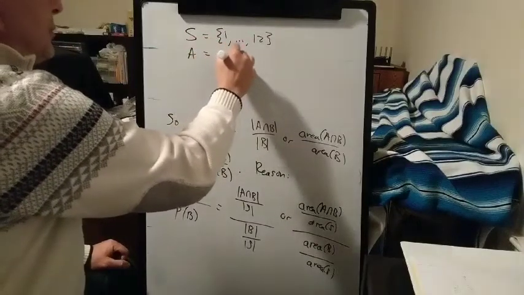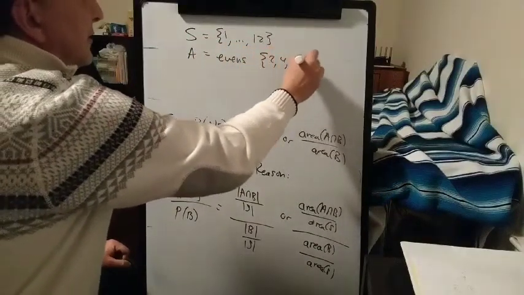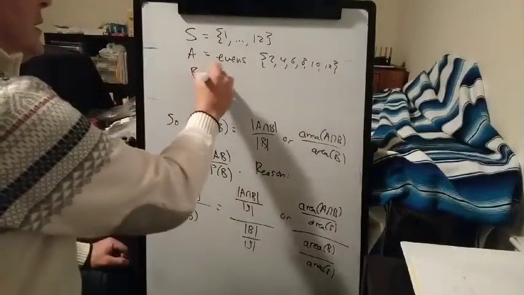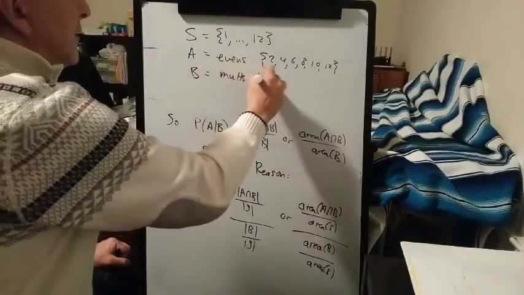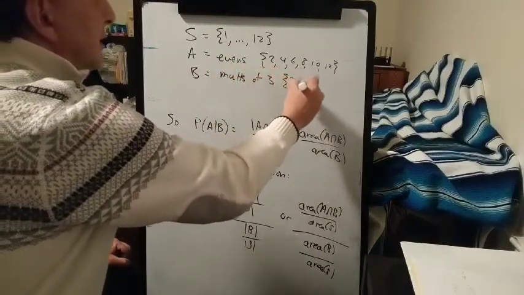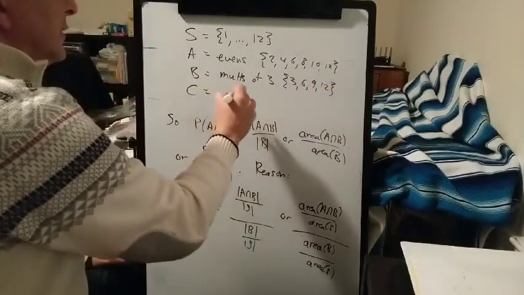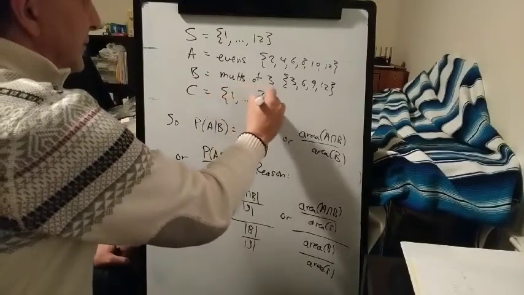A is the even numbers, 2, 4, 6, 8, 10, 12. And B is the multiples of 3: 3, 6, 9, 12. And C is the numbers less than or equal to 7, 1 through 7.